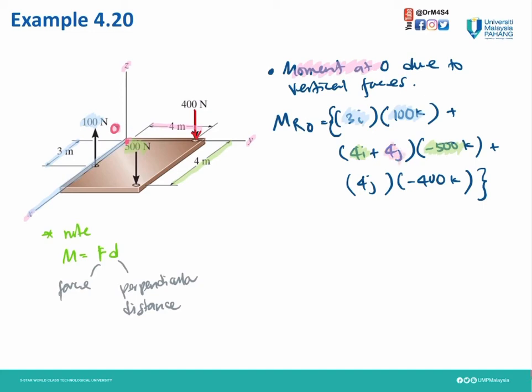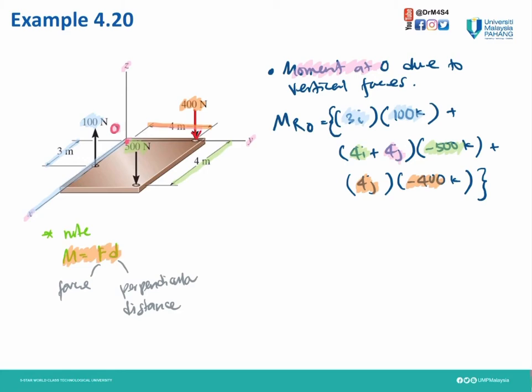Then for 400 going down, so negative 400, to get to point O need to pass 4 meter. This 4 meter is the perpendicular distance, so times by 4J. So we get our moment at O. And always remember, moment is force times the perpendicular distance.